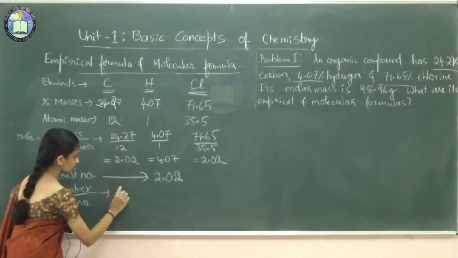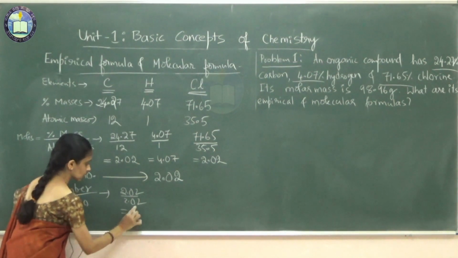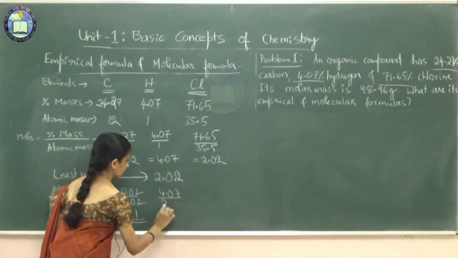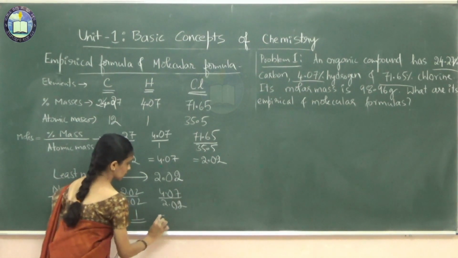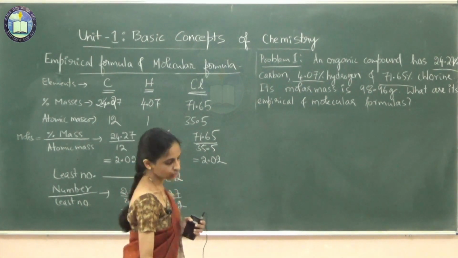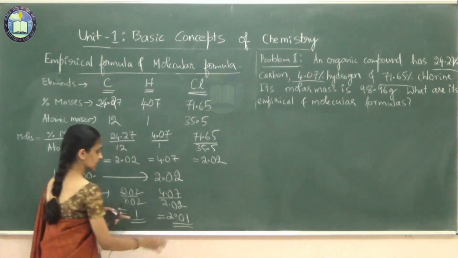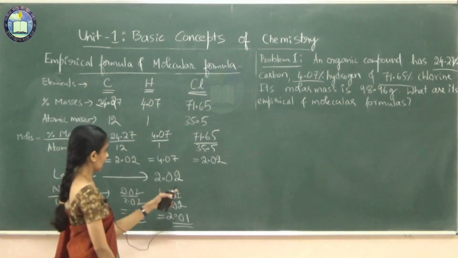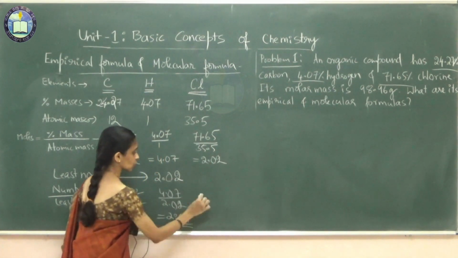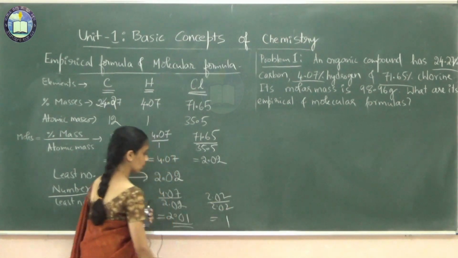So I'll do the division. 2.02 by 2.02 is 1. 4.07 by 2.02 will come out to be around 2.01. You can use the simple calculator that you have. And in the third column, 2.02 by 2.02 will give you 1.